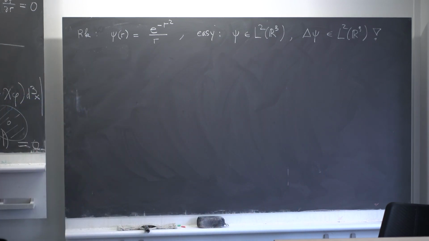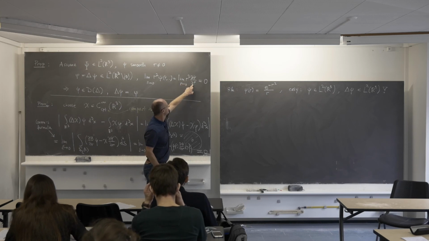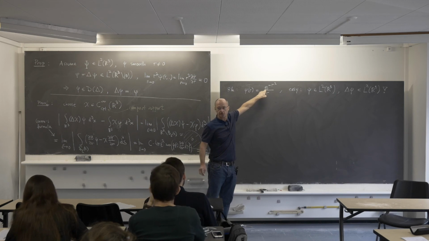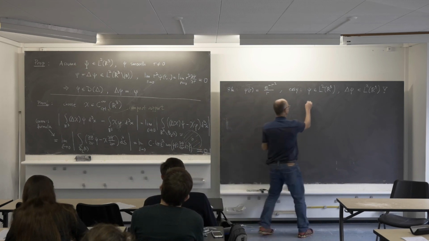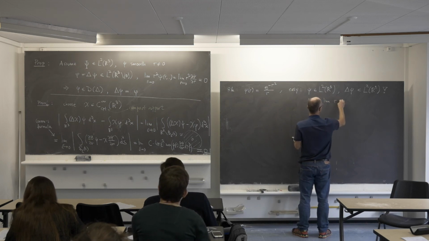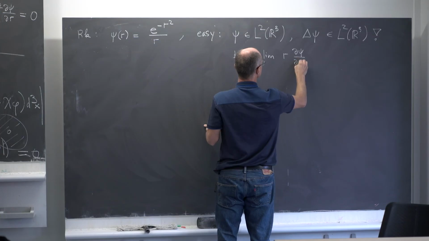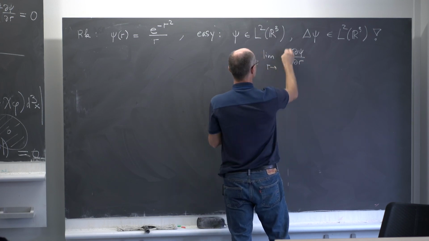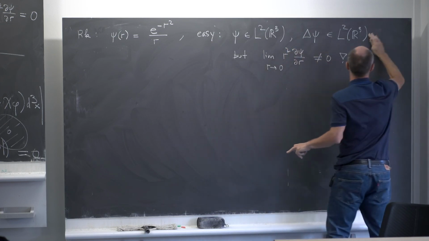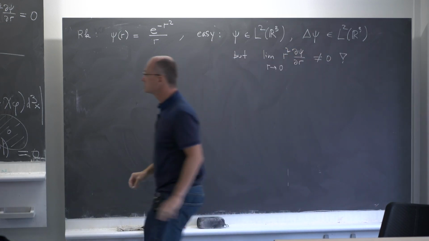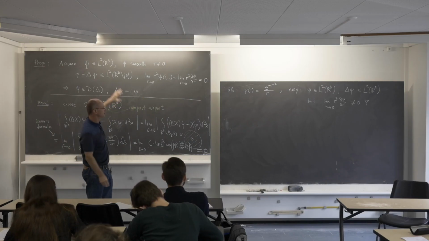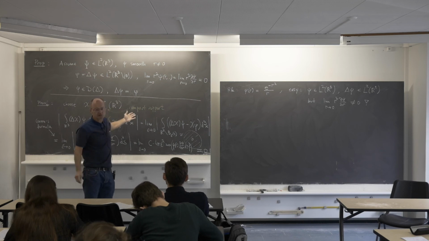However, this condition is not satisfied because, you see, you differentiate this 1 over r, you get 1 over r squared. So the limit of r squared d psi over dr, when r goes to 0, is non-zero. So you see, the argument that I'm now trying to explain is going to fail.